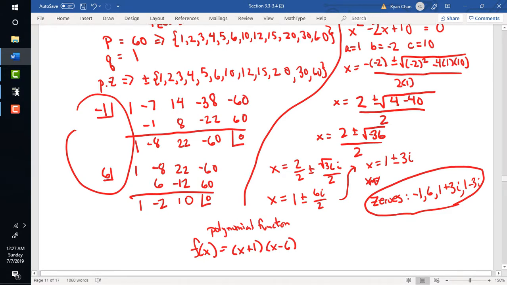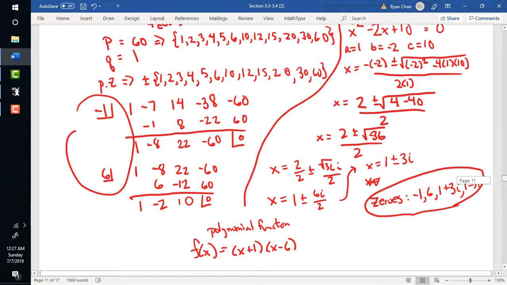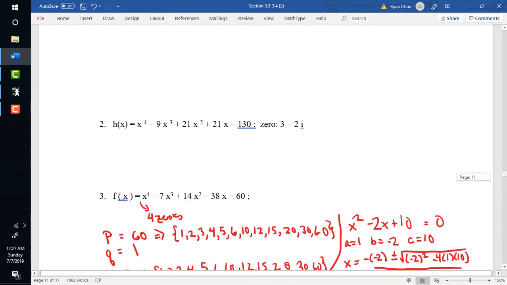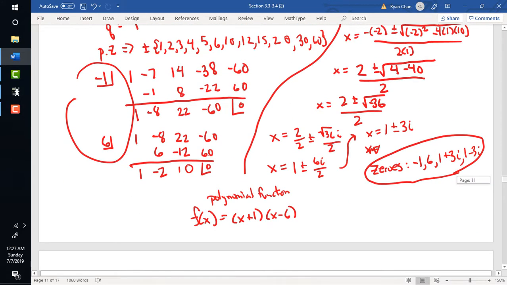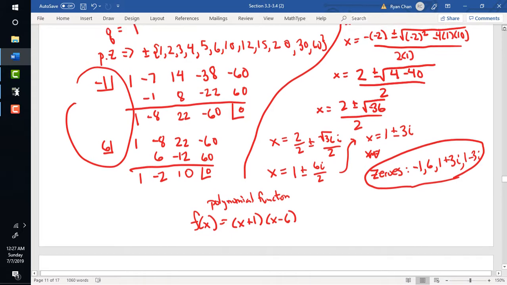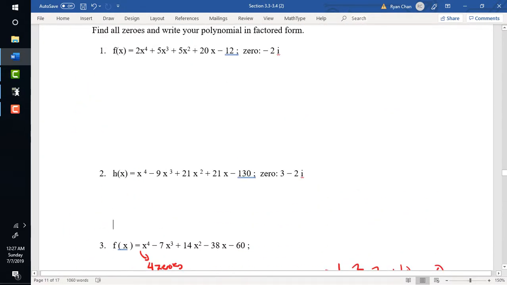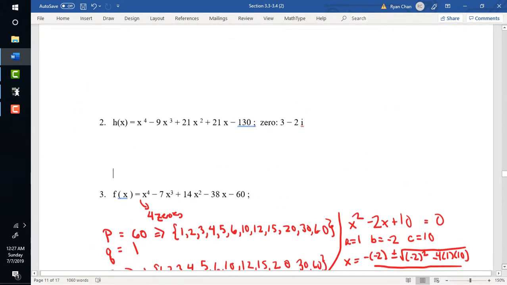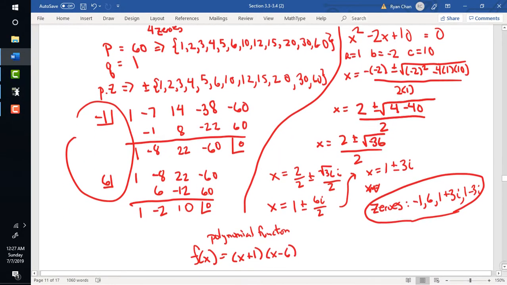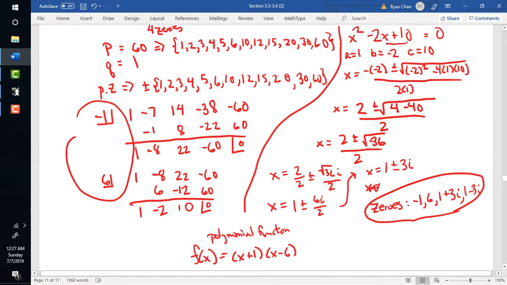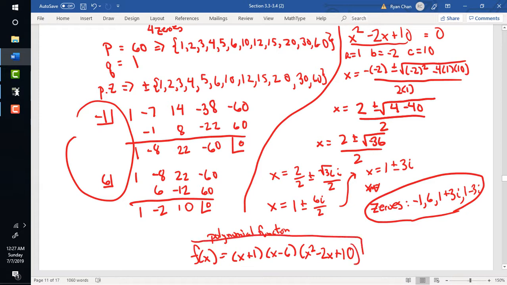And then remember, don't do the conjugates and multiply it out because that's going to take you too much work. It's going to be the quadratic that's left over after synthetic division. So this is going to be x squared minus 2x plus 10. And this will be your final answer right here.